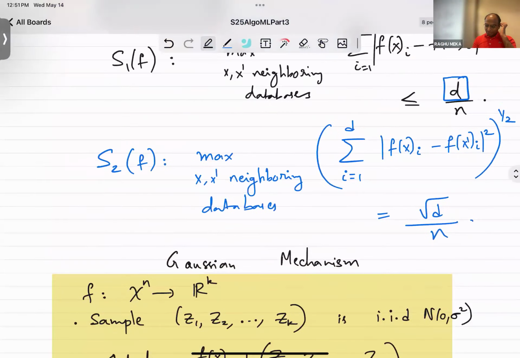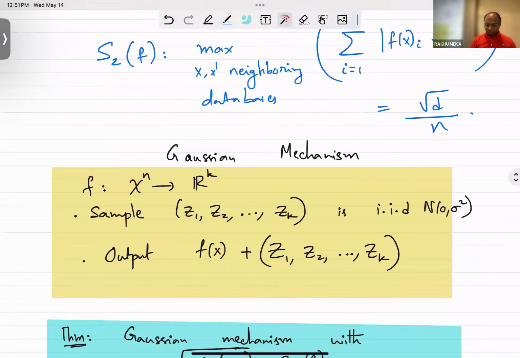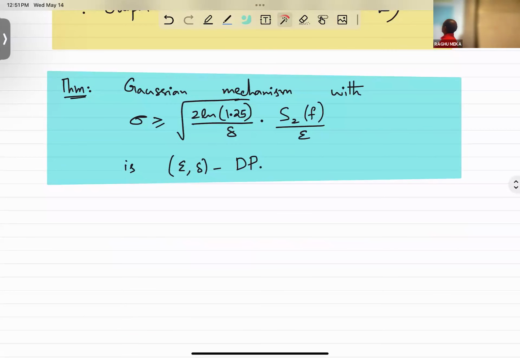So contrast this with, here we said the Laplacian mechanism needs noise which is L1 sensitivity divided by epsilon. The Gaussian mechanism is basically L2 sensitivity divided by epsilon, but you pay some parameter which depends on the log. Right, the delta is inside the log.